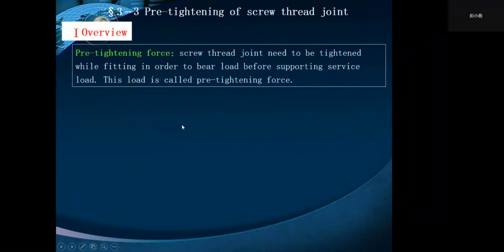The purpose of a bolt fastening is to clamp two or more elements together. A bolted joint is tightened during assembly before it starts to carry operation loads.